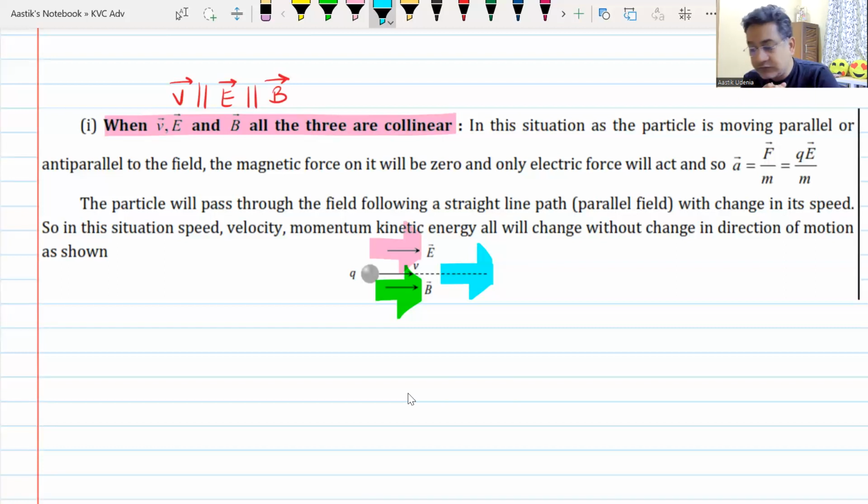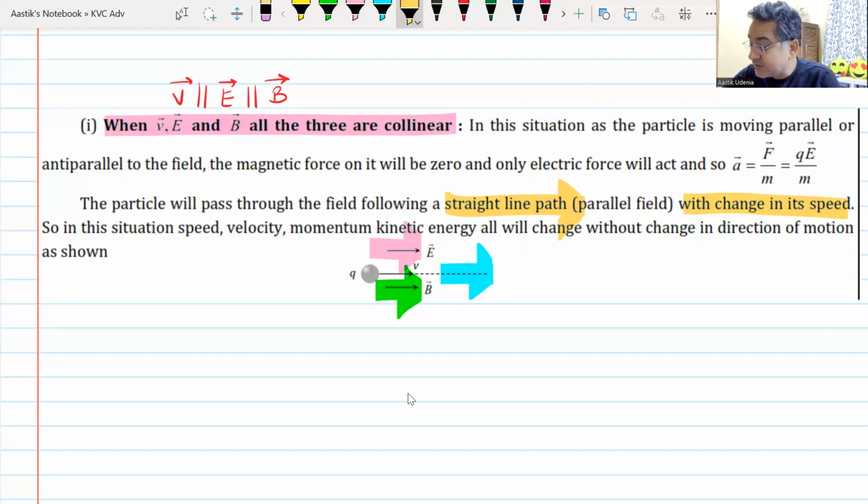Linear. Yes, linear. It will be in a straight line, because the magnetic field is parallel to the velocity. The particle will move in a straight line, and because of the electrostatic field, the speed of the particle will keep on changing.